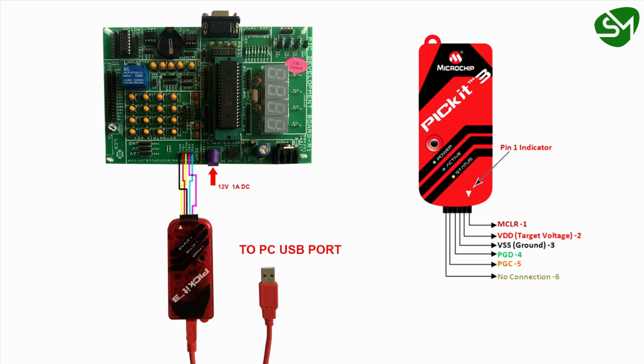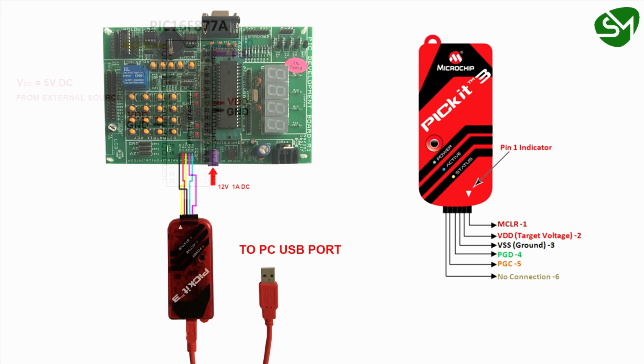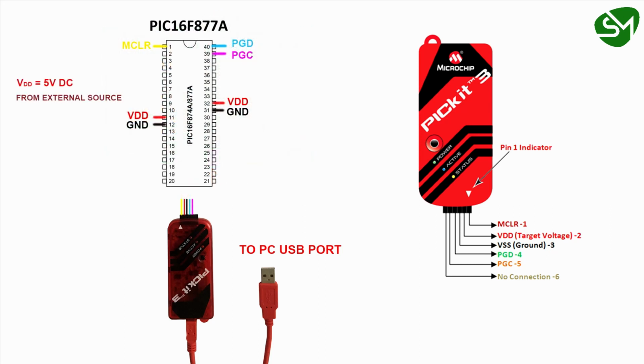If your development board is not showing these pinouts, or if you do not have a development board, you can connect the terminals of PICkit 3 to the microcontroller port pins as per this circuit diagram, or you can just build this circuit in a breadboard for programming the microcontroller.